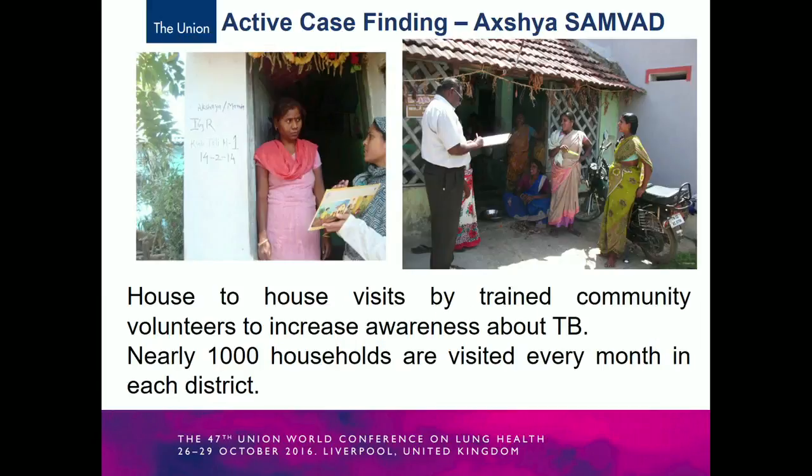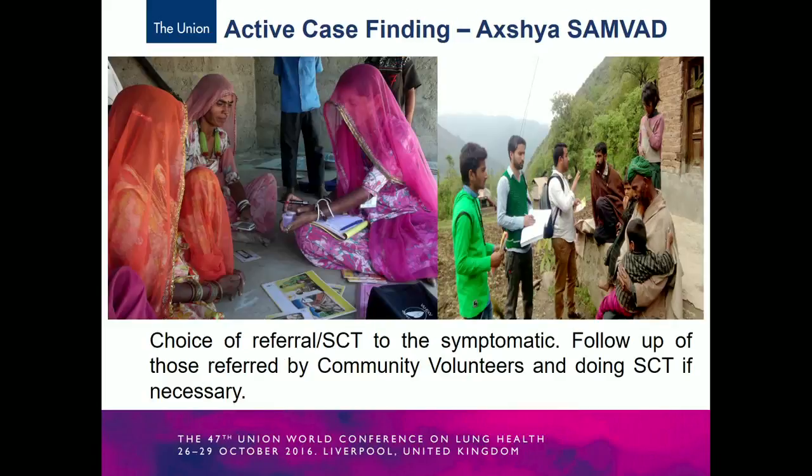As I told you, we have a cadre of community volunteers. With the help of IEC materials, they visit house to house and talk about TB. They talk about the symptoms of TB, and if there are any presumptive TB cases, they refer them. Nearly 1,000 households are visited every month in each district.